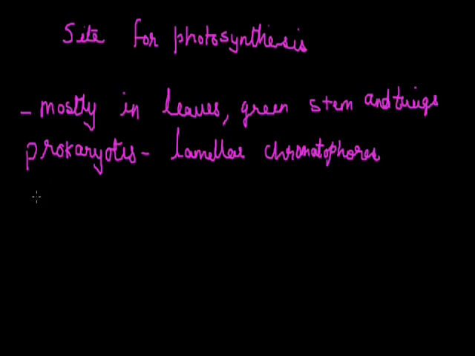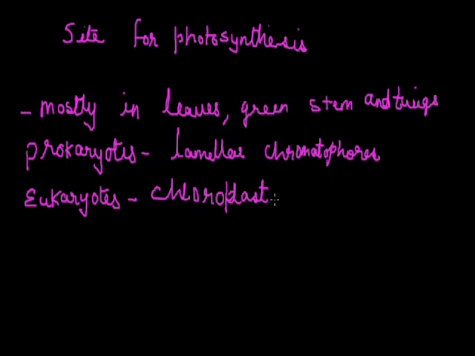In green plants, or we can say eukaryotes, photosynthesis occurs in the chloroplast. It is an organelle which is responsible for occurrence of photosynthesis.